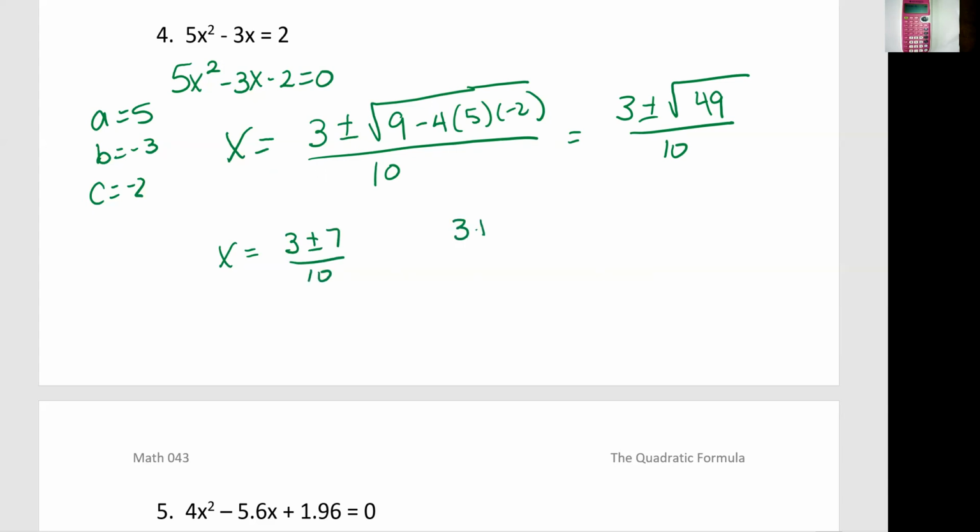So we need to calculate 3 plus 7 over 10 and 3 minus 7 over 10. 10 over 10 is 1. And this will give us negative 4 over 10, which would simplify to negative 2/5. So x is equal to 1, and x is equal to negative 2/5.